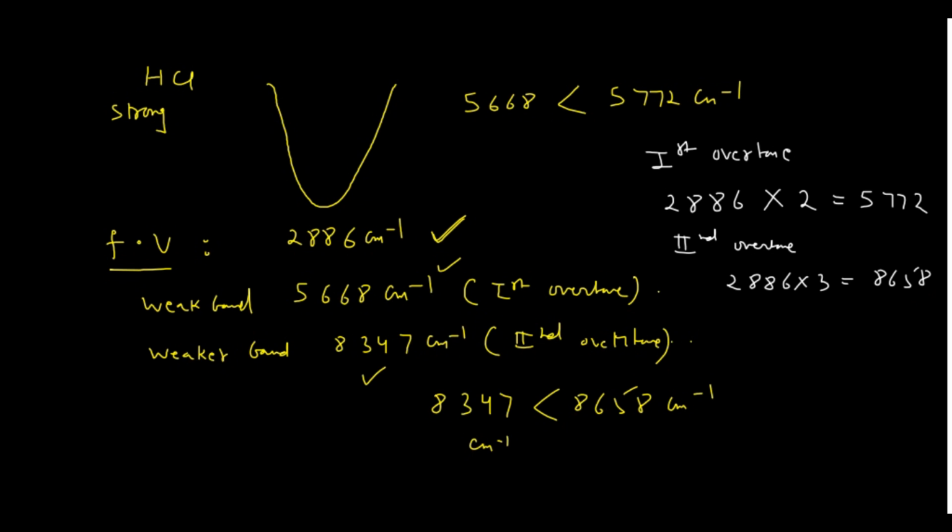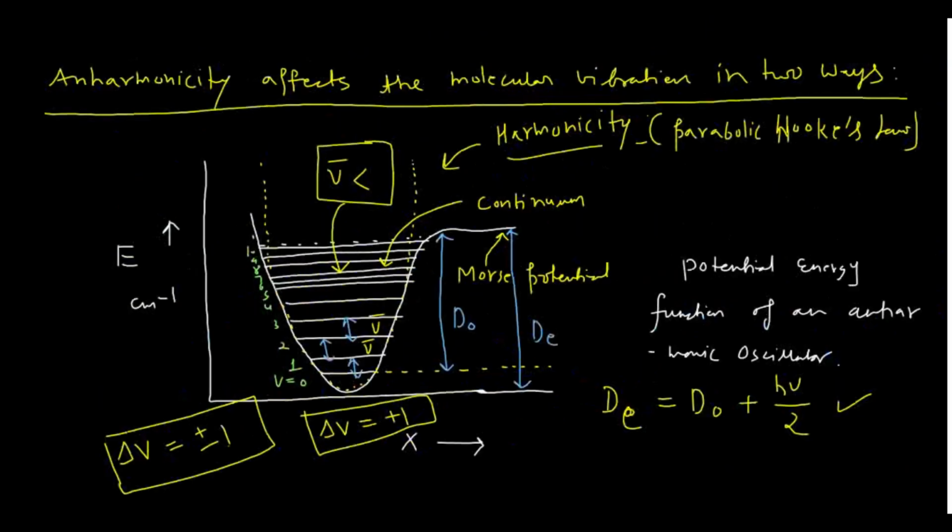As I told you in my last slide, whenever you are getting overtones, it indicates anharmonic character. That means these vibrations have anharmonic character. For anharmonic character, if you increase the vibrational quantum number, the energy gap decreases.